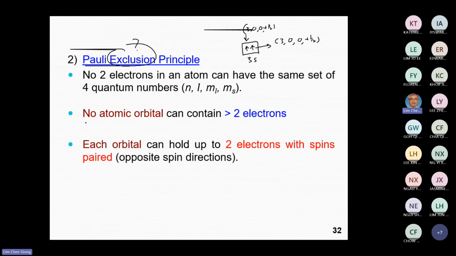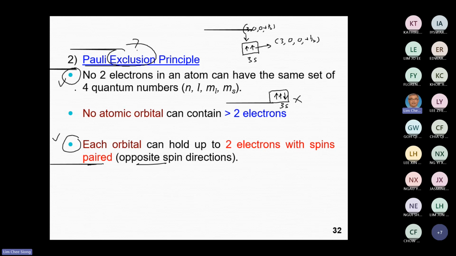Then, no atomic orbital can contain more than 2 electrons. Funnily, students draw 3 electrons in the same orbital. Cannot, because you're against the rules of the Pauli exclusion principle. Next one. Each orbital can hold 2 electrons with opposite spin pair, upper and lower. So you can choose this one or that one, or put both answers together in the same question.